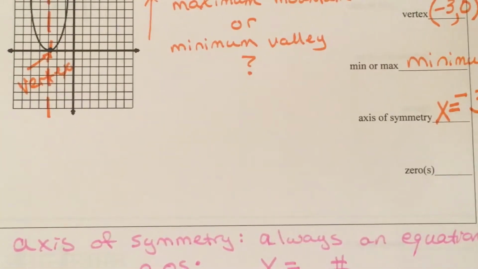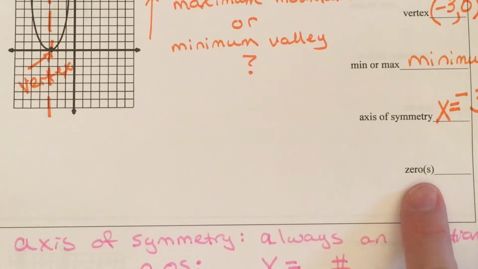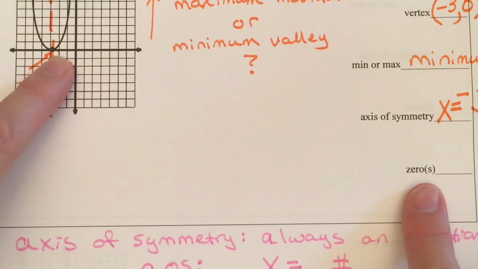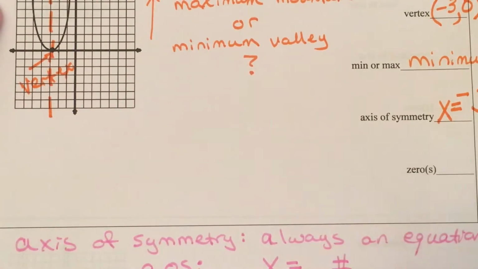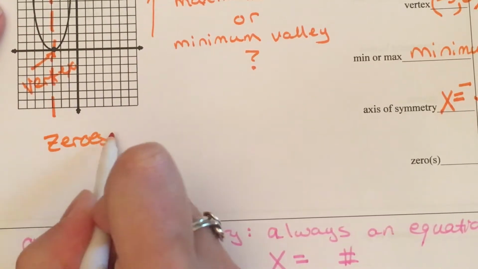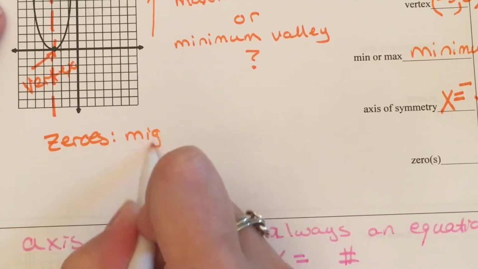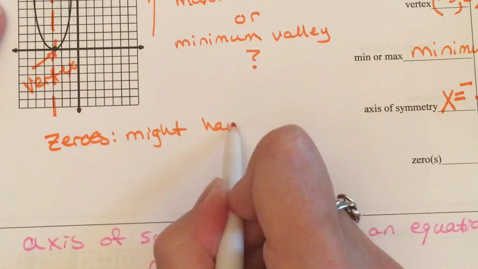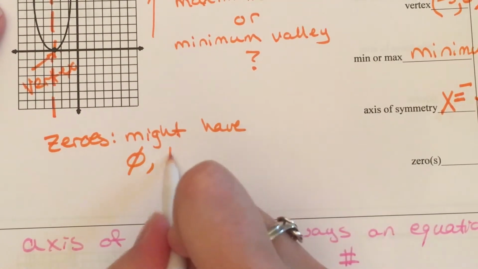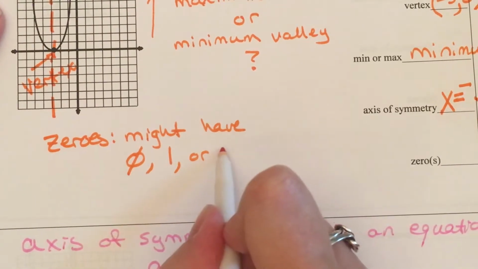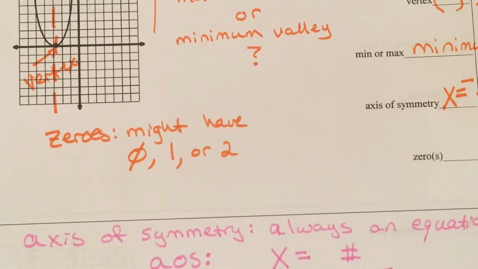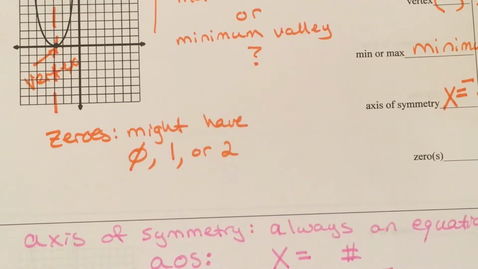And finally, my roots, my x-intercept. In this particular problem, there's only one of them. You might have none of them. You might have one, or you might have two. It just depends on where the parabola is located on the coordinate plane.